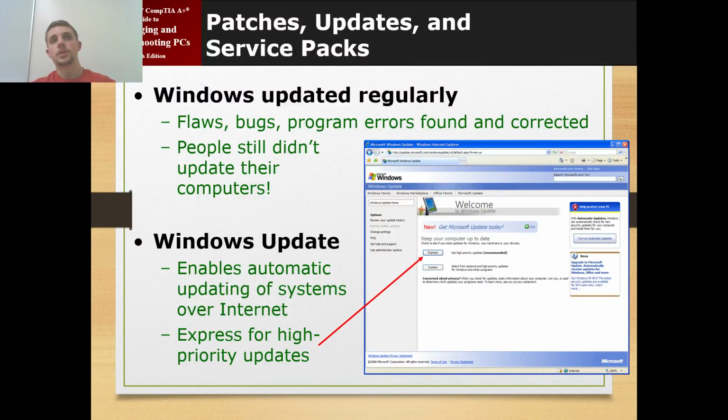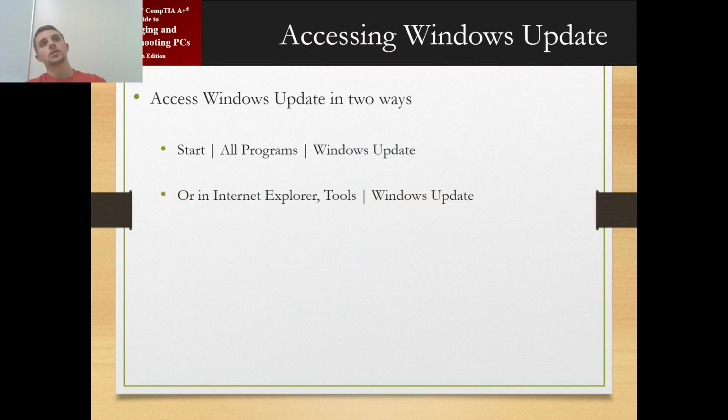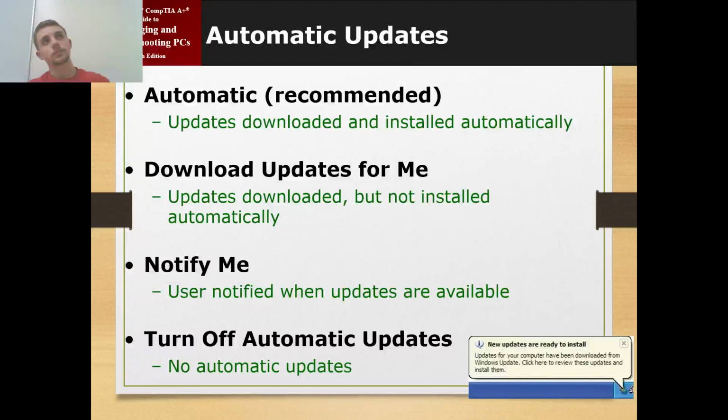So yeah, I mean, you know what Windows Update is. So you can either go through all programs, Windows Update. Internet Explorer is basically an XP thing now, because you don't need to, it's built in. So you have 4 levels.